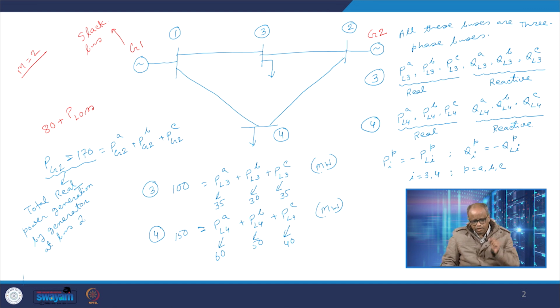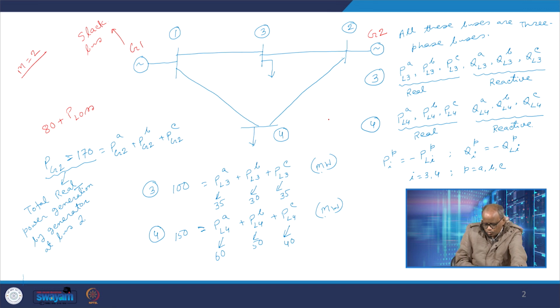Now here is another point. We said earlier, what are my quantities of interest in this particular case?